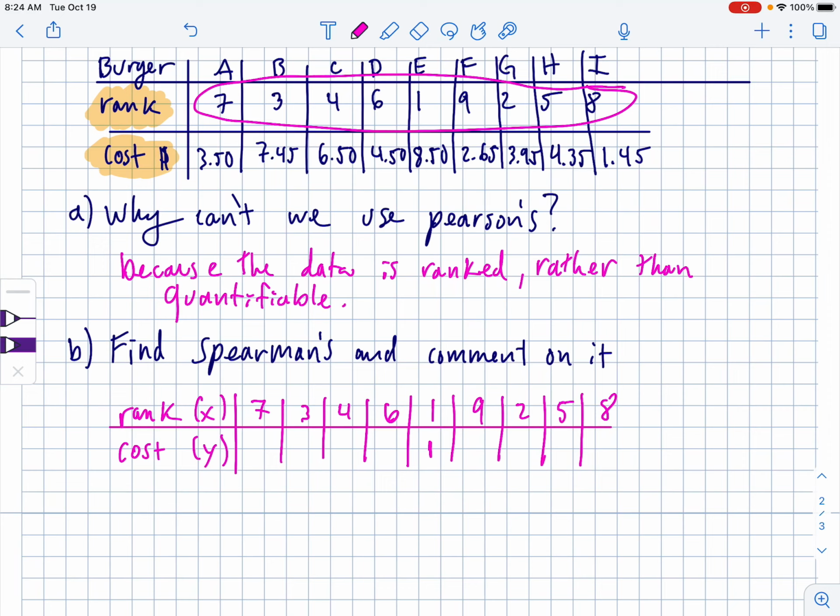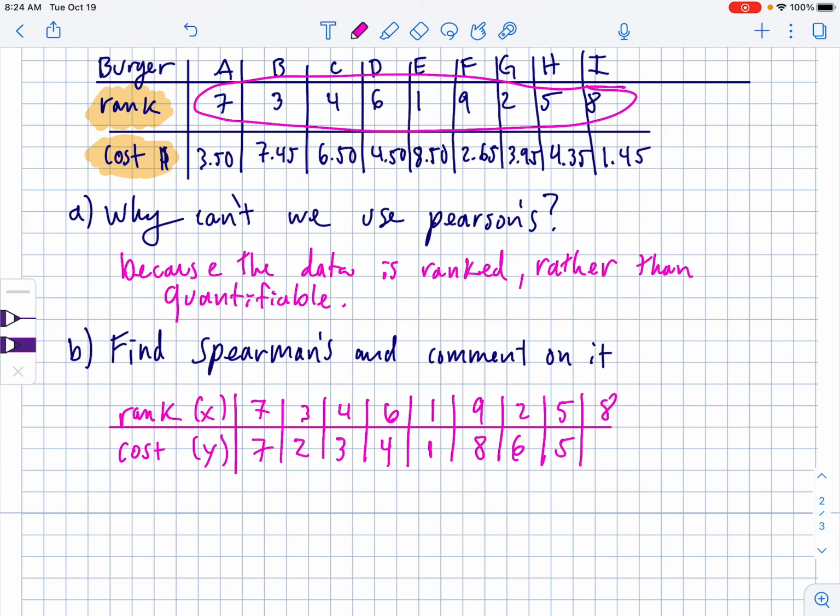So all we have to do is rank the costs. So you look for the highest costs. That was the 850. So this is a 1. Then the next highest was the 745. That was 2. And then the next highest was the 650, and so on. This one was the 4th.